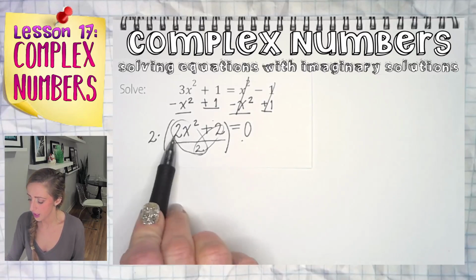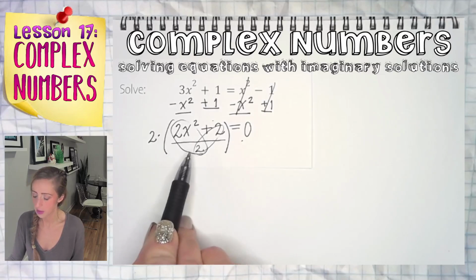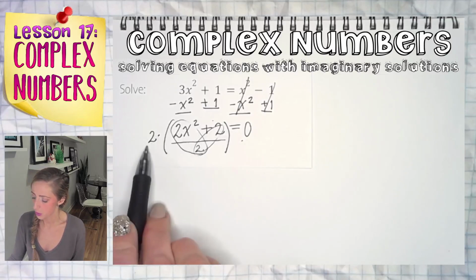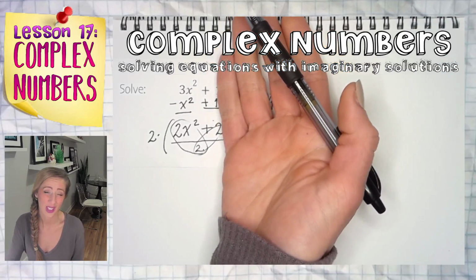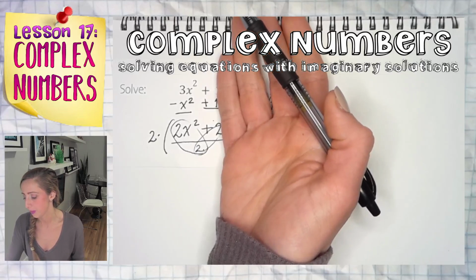Well, whatever it is you're taking out, you're undistributing, right? So you're technically dividing by it, but you can't just randomly divide, so you also multiply at the same time. Now I know, since this is equal to 0, really I could just divide both sides by 2 and throw it away. Why didn't I do that?